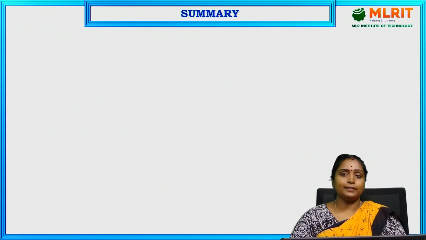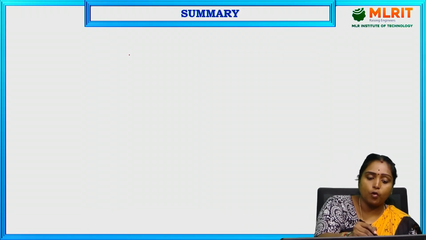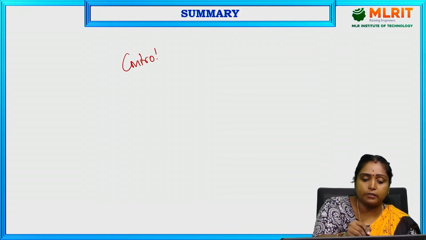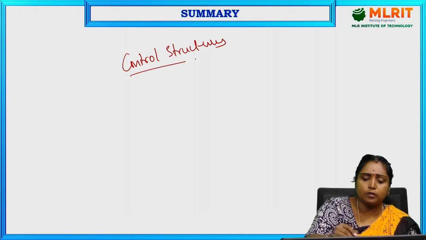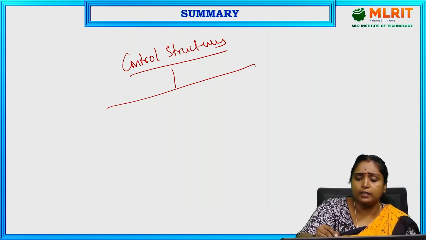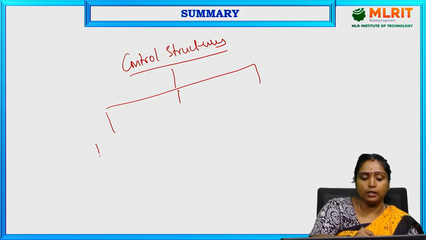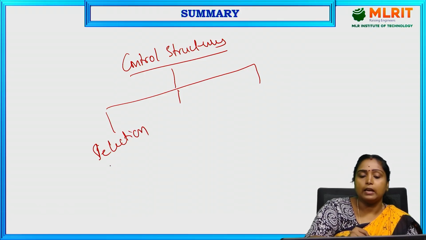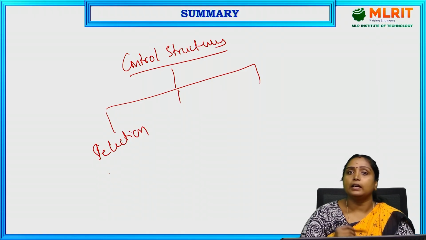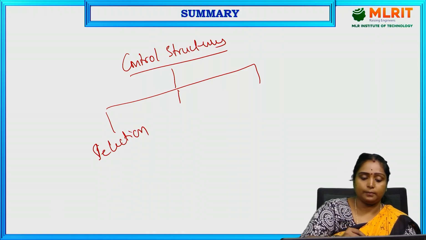So in this session, we have seen what is meant by control structures. In order to control the statements of a program, we use control structures. Control structures are divided into three. The first one is selection structures, or decision structures, or decision statements, or conditional statements.